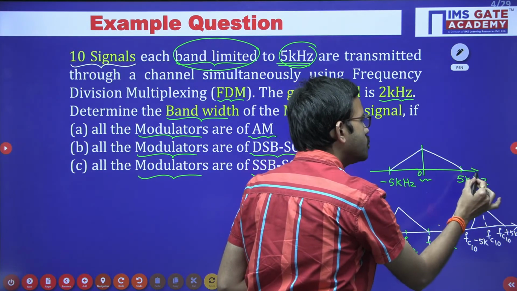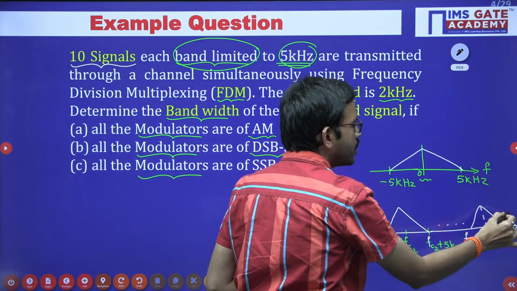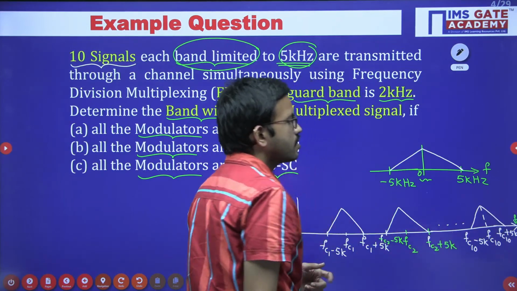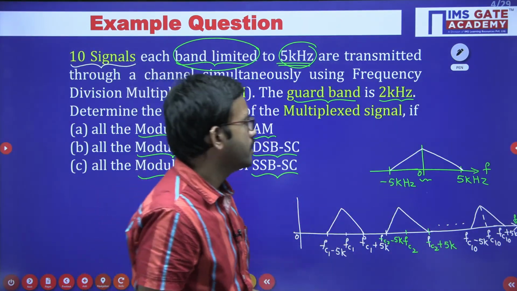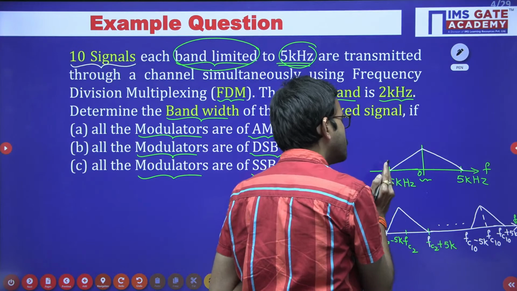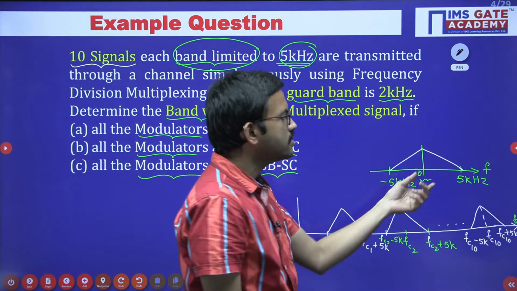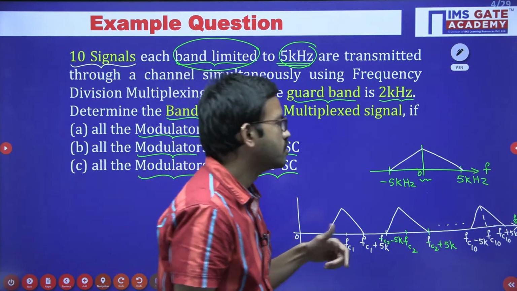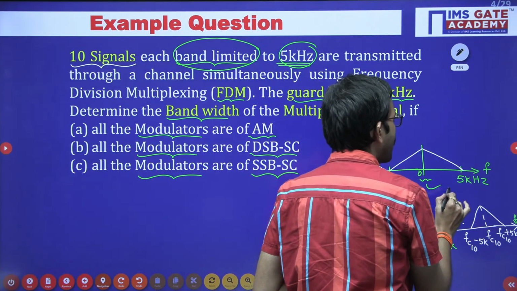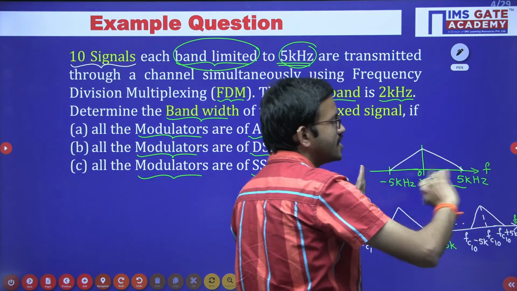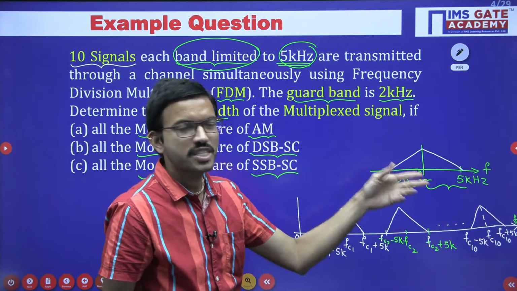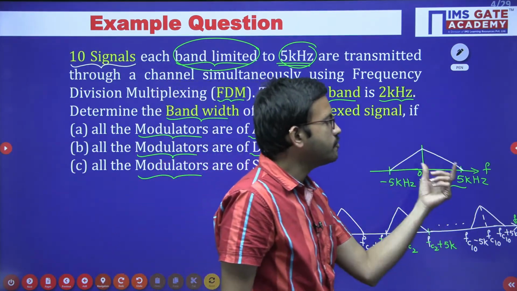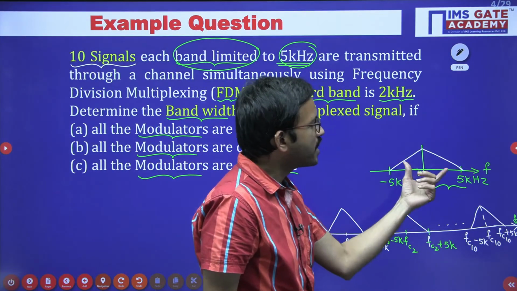Now if you carefully observe, for the original message signal, if I ask you to calculate the bandwidth, what will be the answer? Here you should not consider bandwidth as from minus 5K to 5K, because the frequency value should always be positive. Whenever I ask bandwidth, you have to consider the positive frequency axis and the range of frequencies over which the spectrum exists.